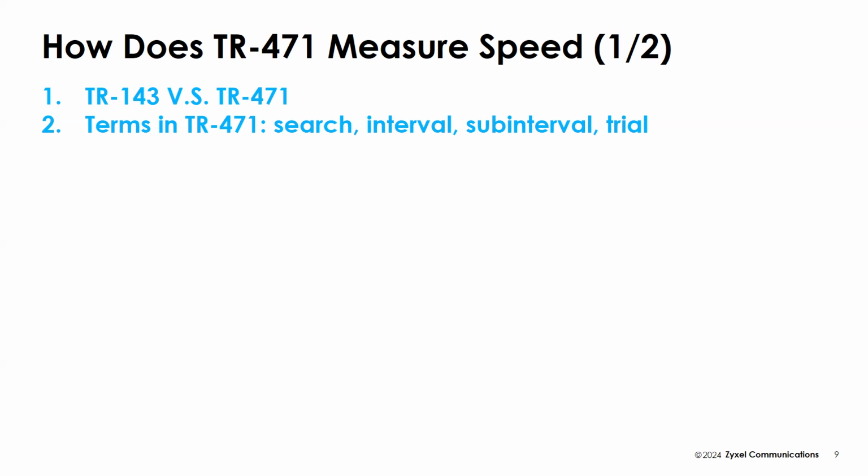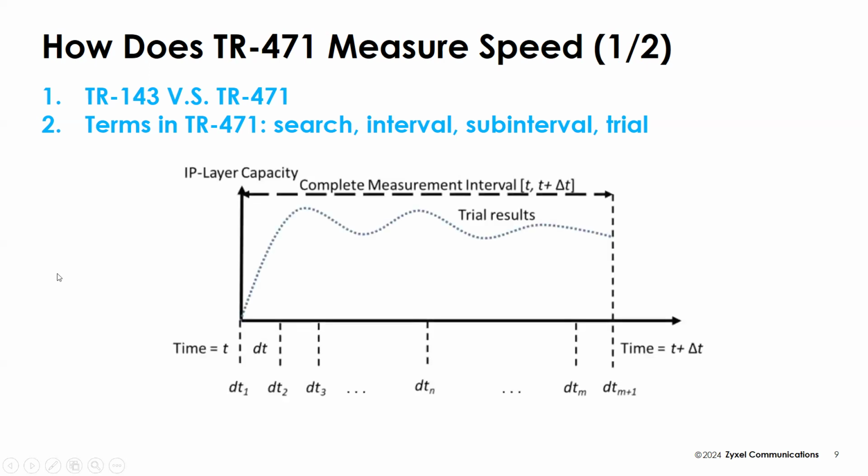And for the purpose of speed adjustment, TR-471 supports functionality that TR-143 does not. For example, the graph I illustrate here is a time and trial result for a TR-471 test during a single search for the maximum IP capacity test. There are several terms we need to know in TR-471 technology.